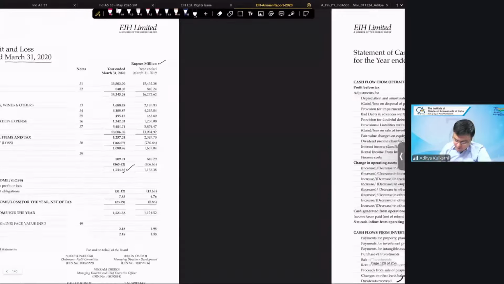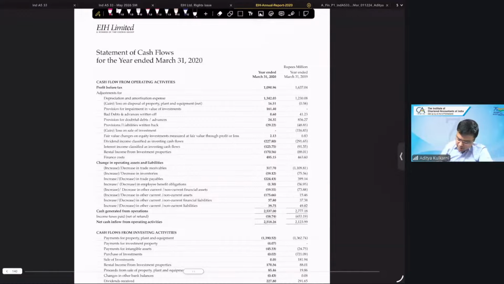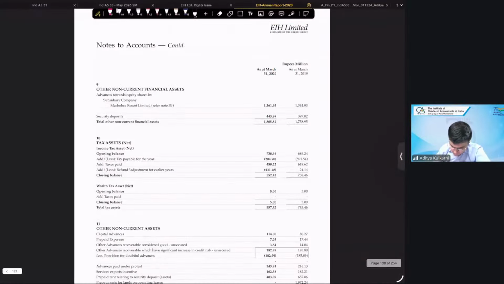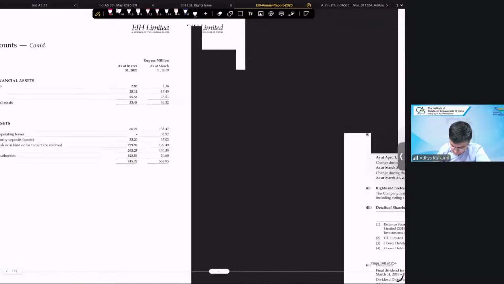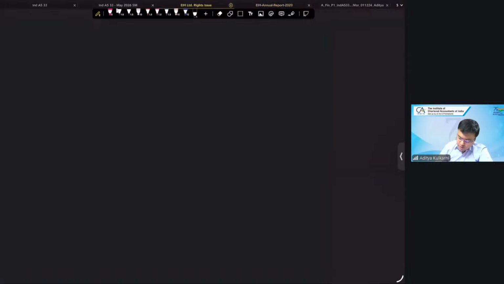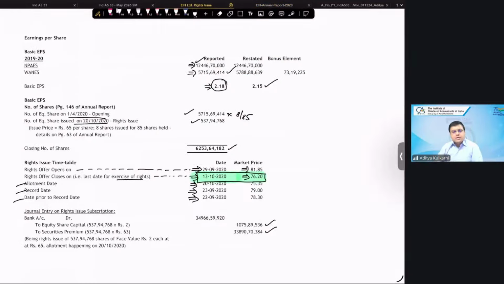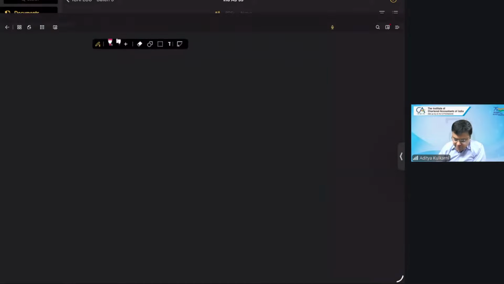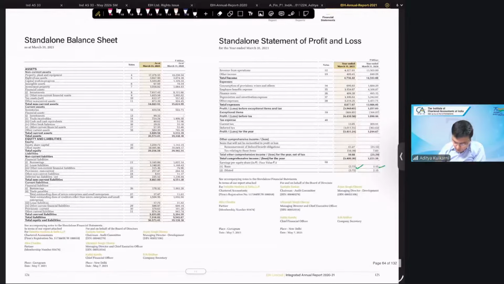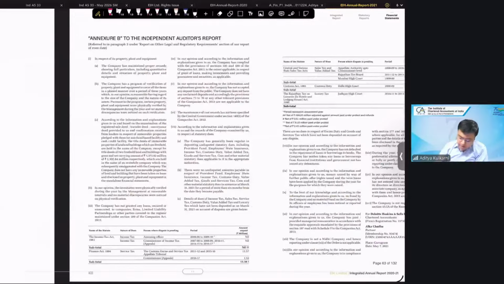So in your previous year balance sheet, you had number of shares as 571,569,000. So the reported EPS is 2.18. So far, are we clear? Yes, sir. No doubt. Okay. Now we move on to the main point.